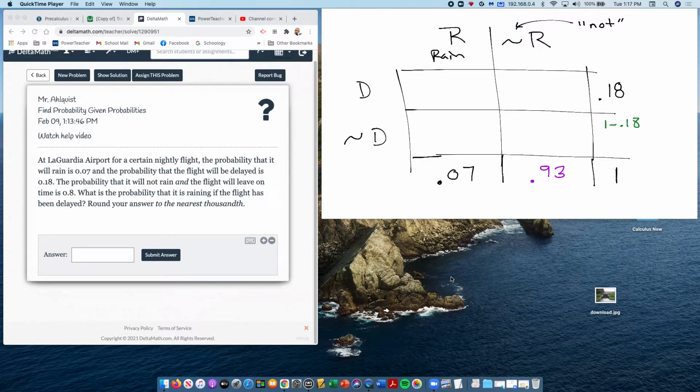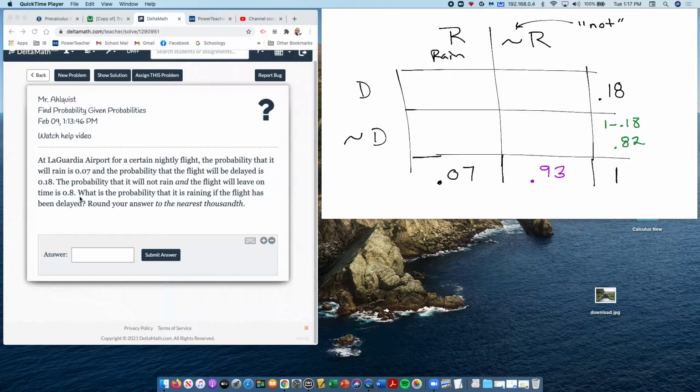It's either delayed or it's not delayed. And so that's 0.82. Okay, because 0.18 plus 0.82 is 1.